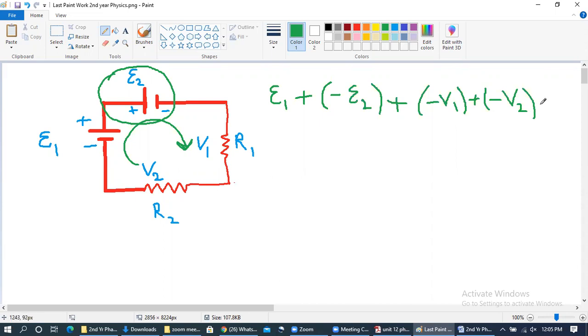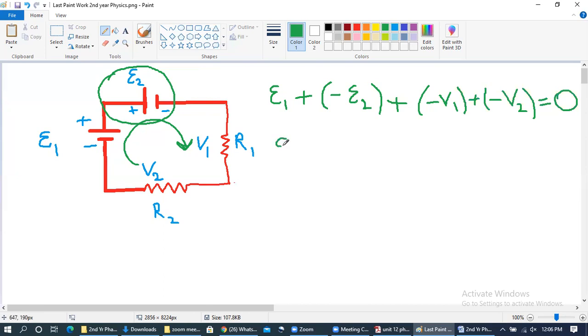According to Kirchhoff's law, the sum of all of these voltage changes must be equal to 0. Why? Because the total net voltage provided by the batteries is going to be consumed by the resistances. Therefore, the whole of the energy provided by the batteries is being consumed, and the net result is equal to 0.